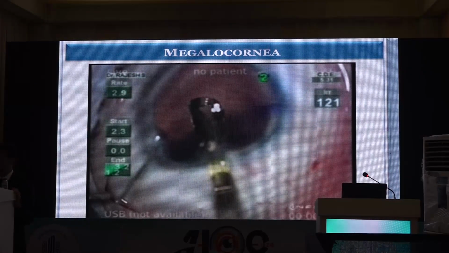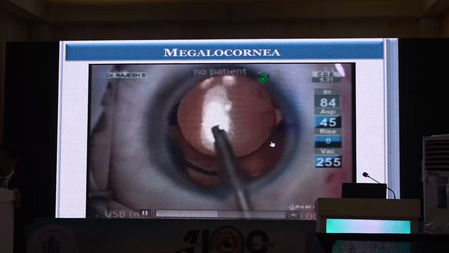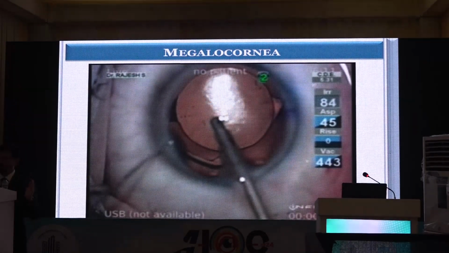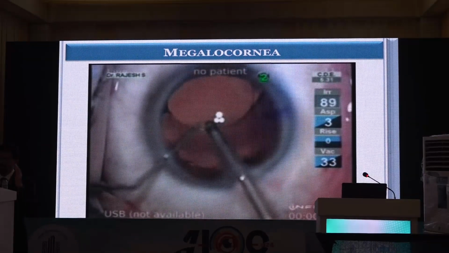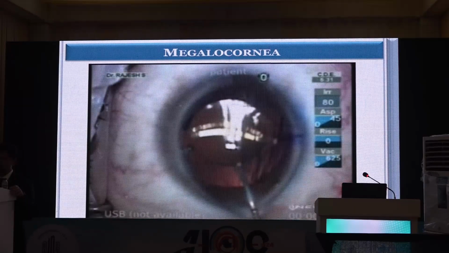As you can see here in this case, the IOL has been put in the bag. Viscoelastic you should remove from the front and from behind, because removal of viscoelastic from behind is very essential, otherwise there is a risk of post-op rotation.